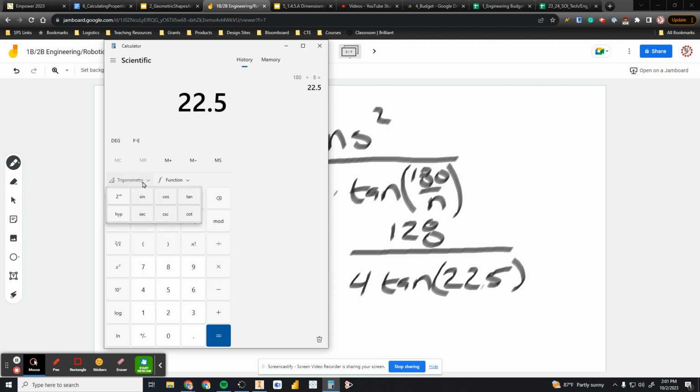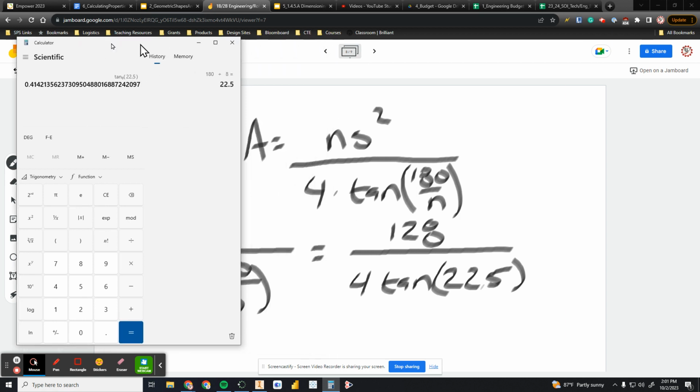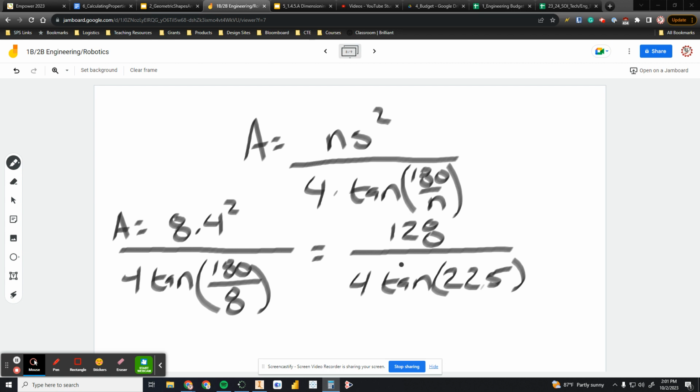And then where it says trigonometry, we need to select tangent. So it's going to take the tangent of 22.5, and it's this small number right here, 0.41, okay? Then, once we have that number, so we now have 0.41, and I guess I'll go ahead and write that in there to remain consistent with what we're working through.